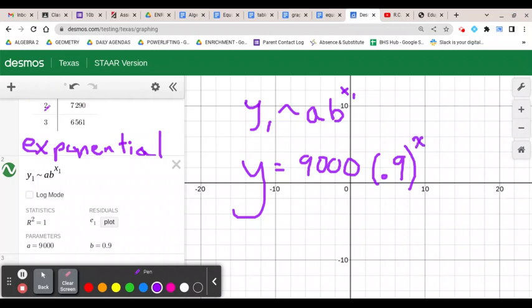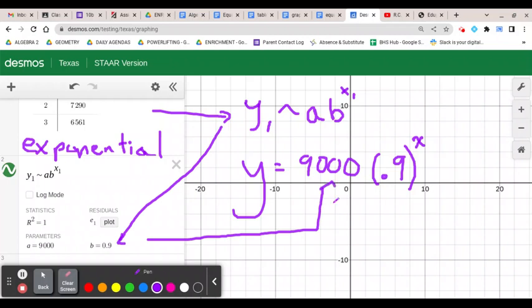So we take the table, do this little thing, and it spits out our A and our B. Now we can plug in our A here, and we plug in our B there.